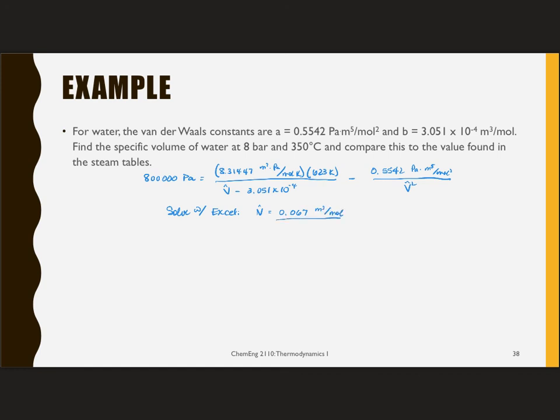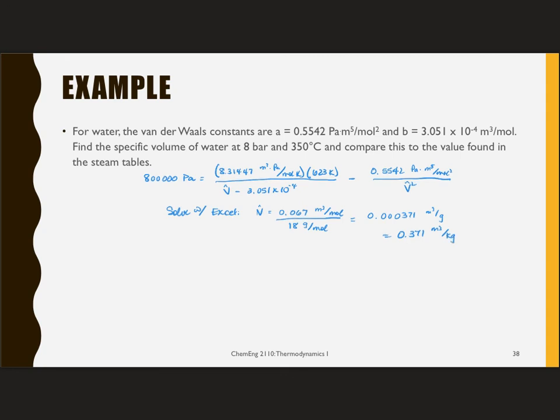Now, to be able to compare this to the table, I need to work with this in mass units. So 18 grams per mole is the molecular weight, giving 0.000371 meters cubed per gram. Our table is in per kilogram, so multiply by 1,000, 0.371 meters cubed per kilogram.